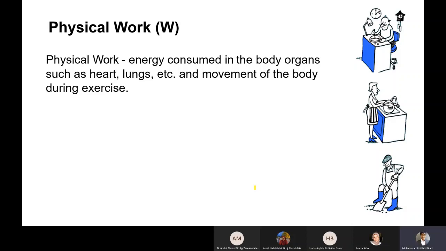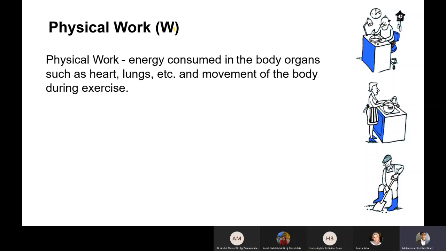Now we go to the right side of the equation. We go to work. Work is energy that is consumed by our internal organs: your heart, your lungs, breathing in and breathing out, your hand to work, your mouth to speak, your eyes to see.